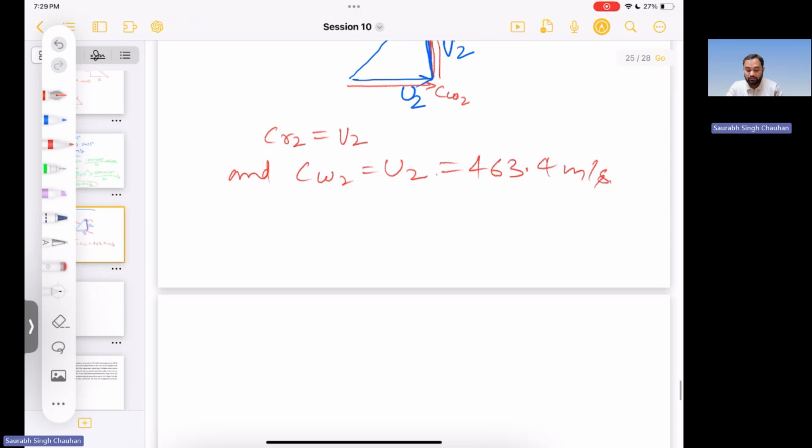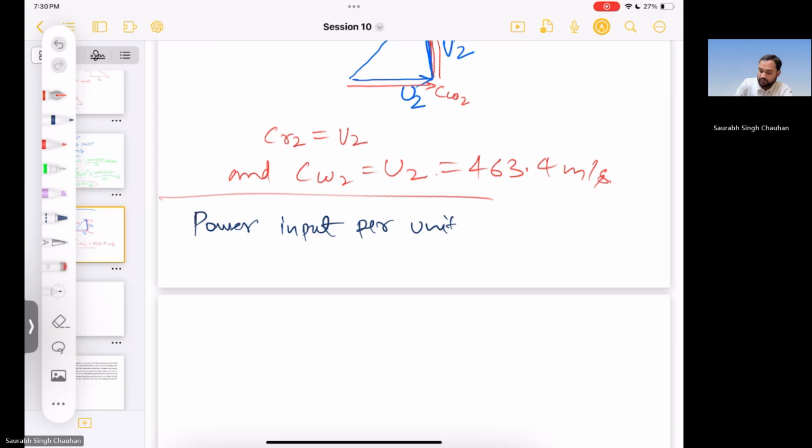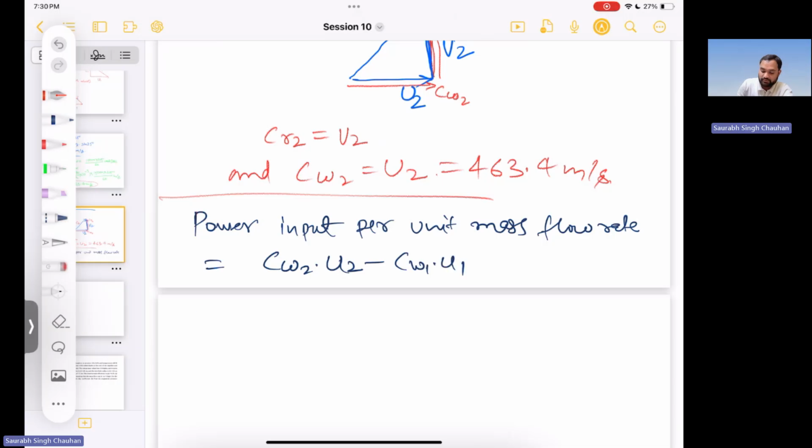Now you have CW at inlet as well as at exit, and you also have U1 and U2. So you can write the power input per unit mass flow rate. It will be CW2 U2 minus CW1 U1.